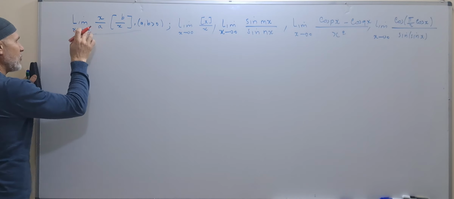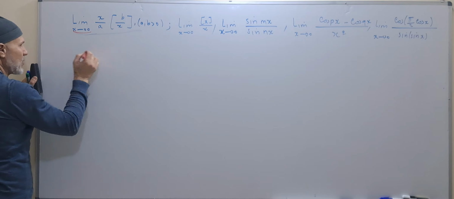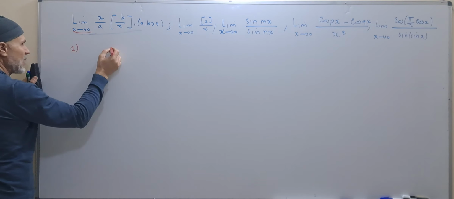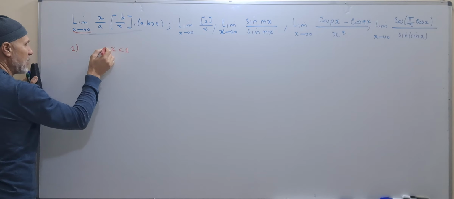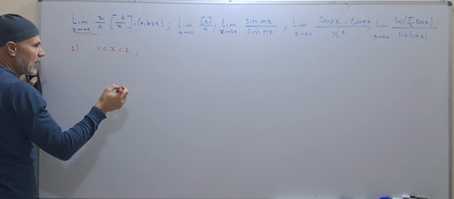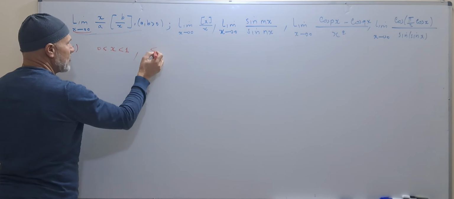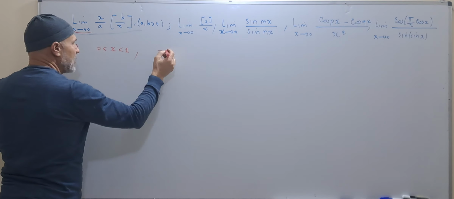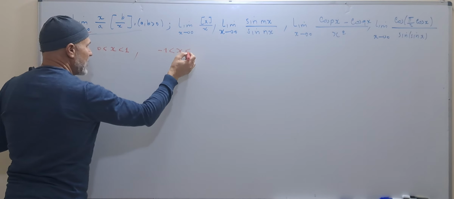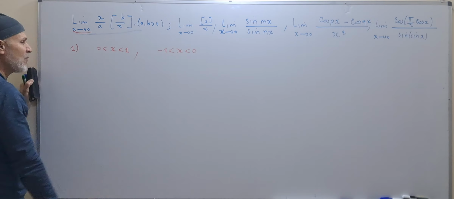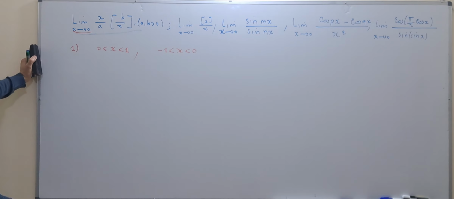When x converges to 0, we can suppose first that x is greater than 0 and less than 1. And secondly, from the left, we can suppose that x is greater than minus 1 and less than 0. Why are we able to suppose this?